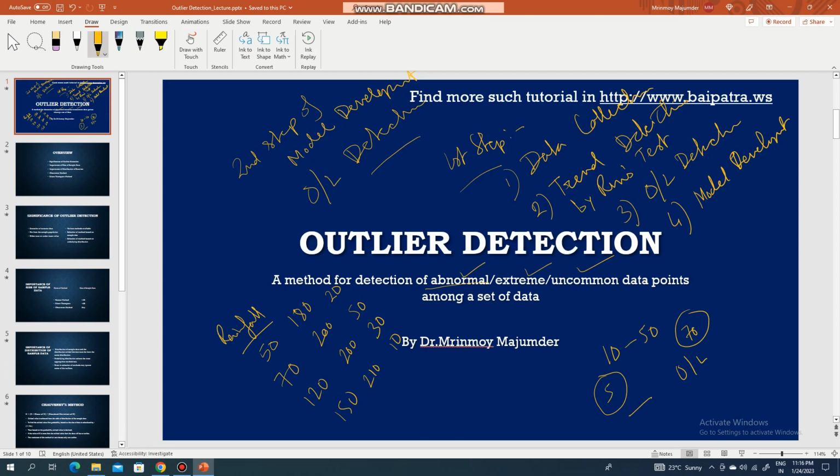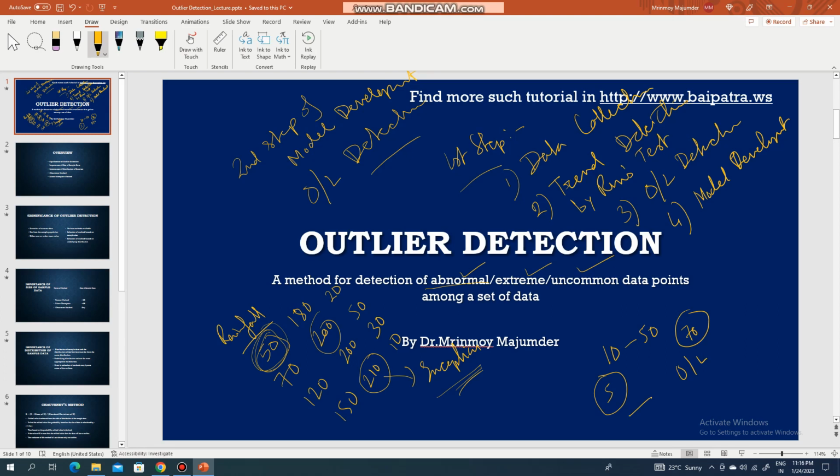So if you can see, more or less the rainfall varies within 50 to 200, correct? But sometimes it has gone beyond 200 and also it has gone below 50. So those values are actually exceptional values in our data set, which don't go with the trend. Some abnormal or extreme values. The method which helps us to detect such exceptional values is known as the outlier detection method.